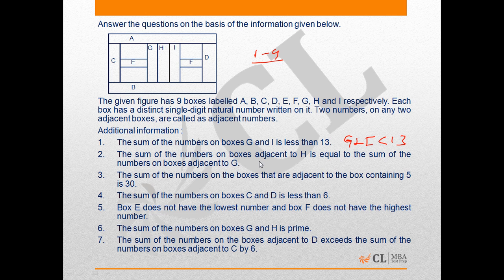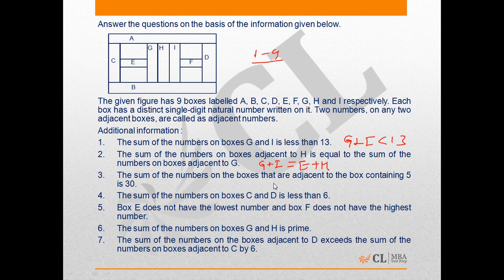The remaining boxes adjacent to H are G and I, and adjacent to G are E and H. Therefore G plus I is equal to E plus H.